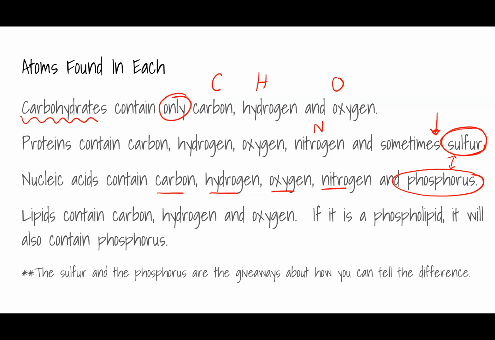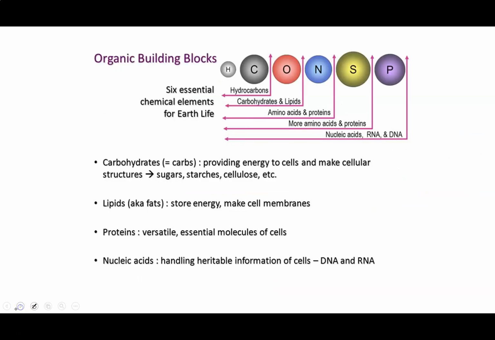And then lipids are typically going to contain carbon, hydrogen, and oxygen, unless you are a specific phospholipid, but they'll go out of their way for that. So they're not going to try to trick you on that. And that's going to have phosphorus. So my little star there: sulfur and phosphorus are the giveaways about proteins versus nucleic acids. Just a little trick they might put in a question for you.